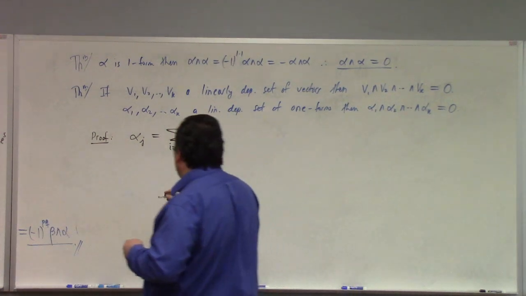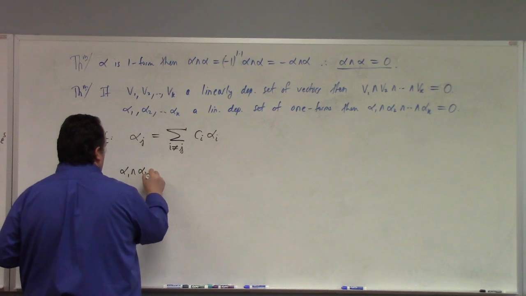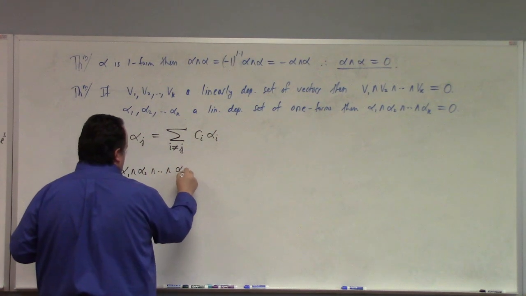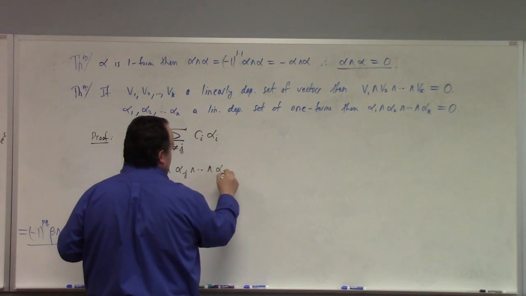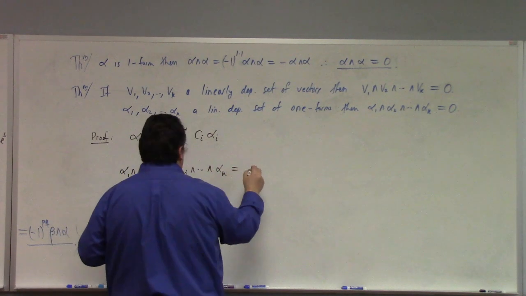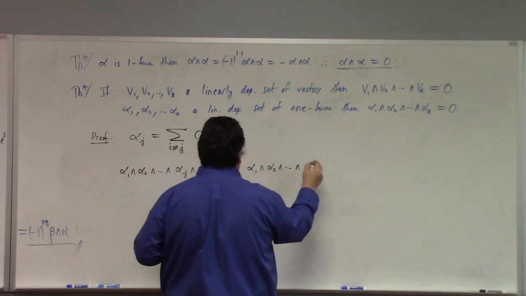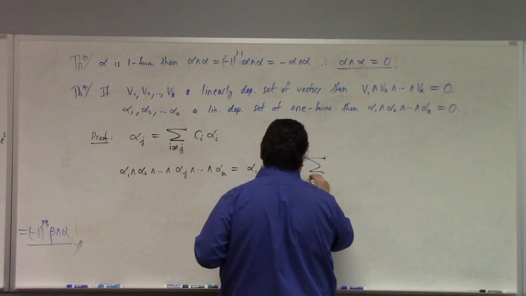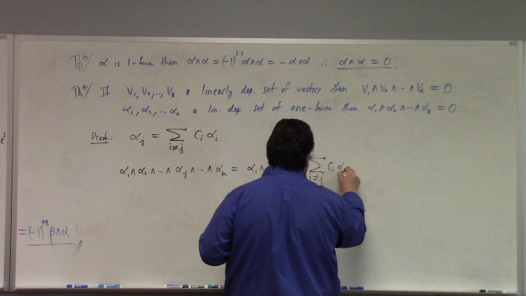And then if we look at alpha 1 wedge alpha 2 wedge through alpha j wedge through alpha k, that is alpha 1 wedge alpha 2, and then we've got, of course, our summation, i not equal to j, of ci alpha i.